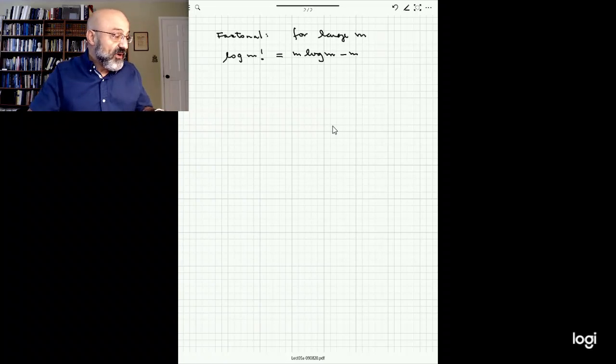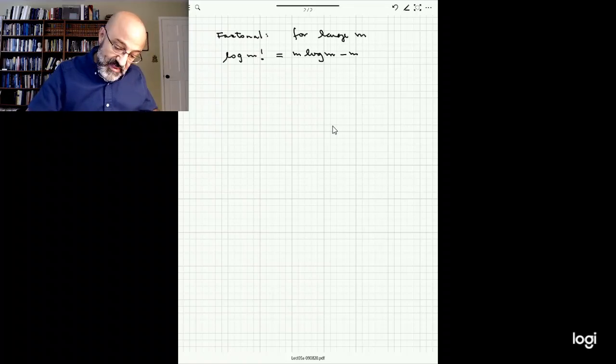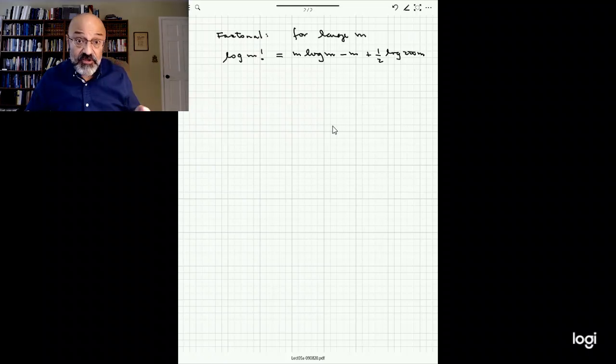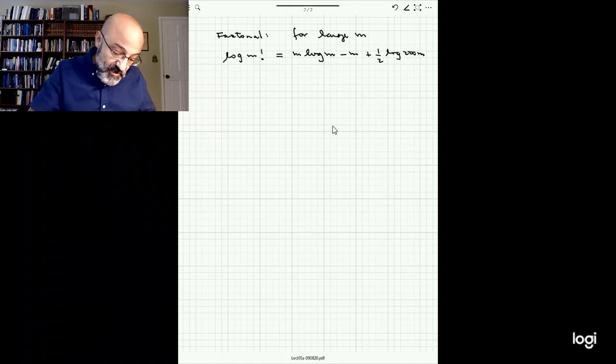And if you want to keep the next term, we don't need it, but it's instructive to keep it just for the sake of making a comment: 1/2 log 2 pi m. So now, the comment that I want to make is that for large m, this approximation is actually really very good.